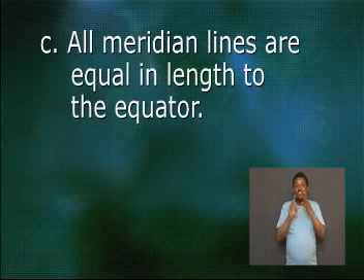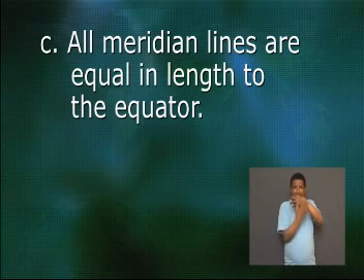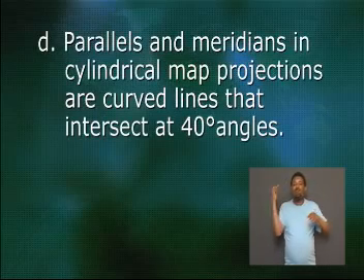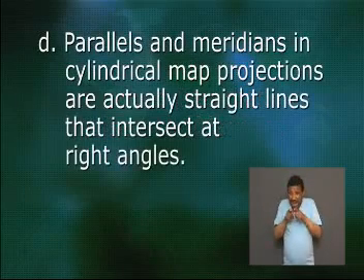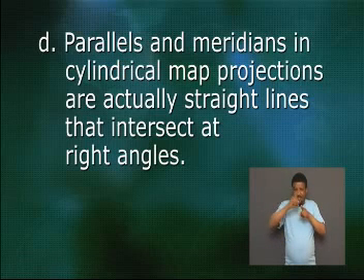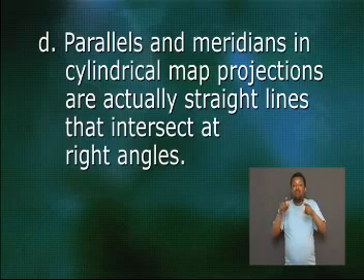The third statement is true. All parallels are equal in length to the equator. The final statement is false. Parallels and meridians in cylindrical map projections are actually straight lines that intersect at right angles.